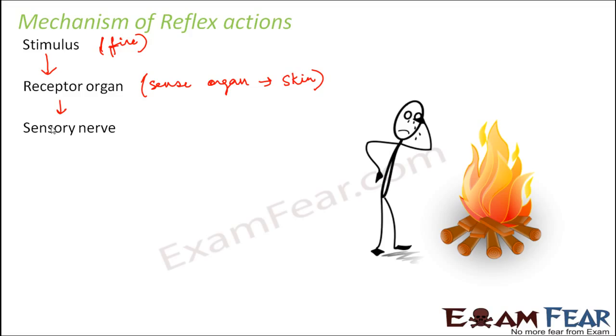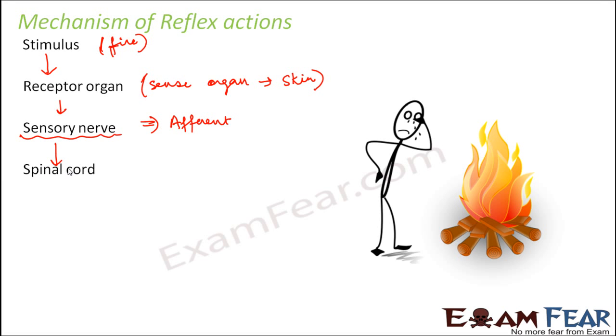Then the action potential is transmitted from one neuron to another. So what are these neurons through which this transmission is taking place? All these neurons form the sensory nerve, which is also known as the afferent nerve fiber, whatever you call it. Then this sensory nerve carries the electric impulse to the spinal cord.